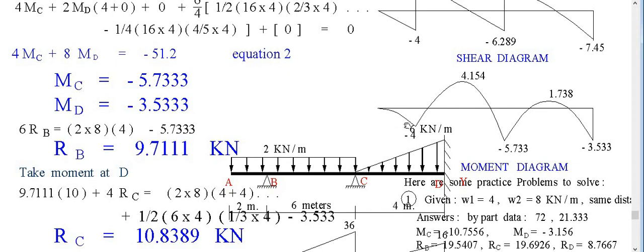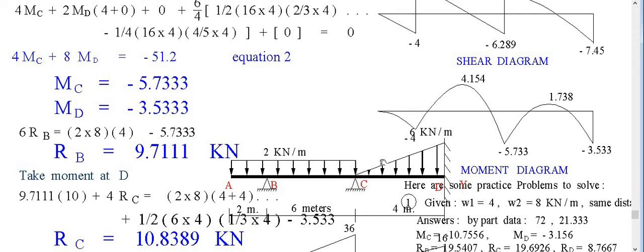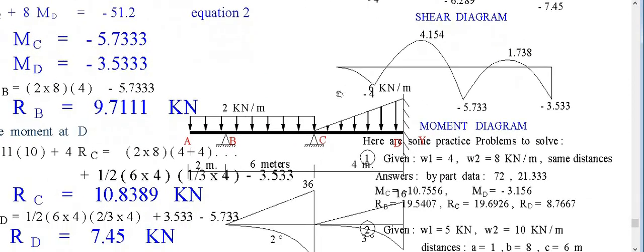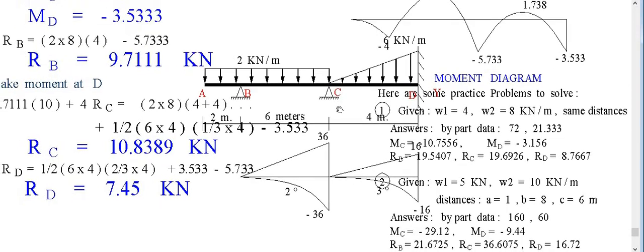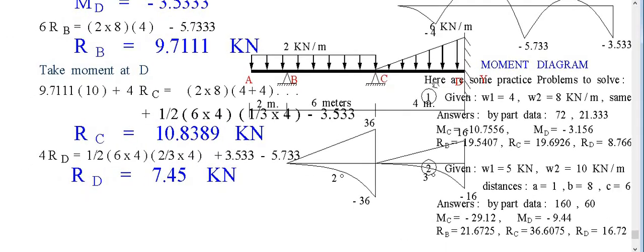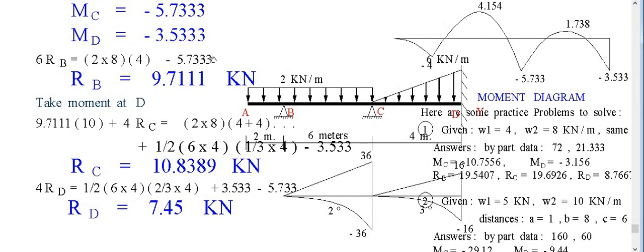Okay. Then solving for RD, going up RD here, or reaction at D. Consider the right of the cut section CD. You cut here, then there appear the moment at C as counterclockwise of 5.733 counterclockwise.